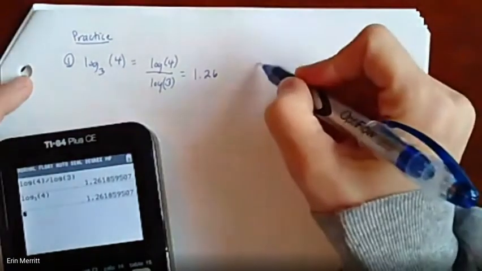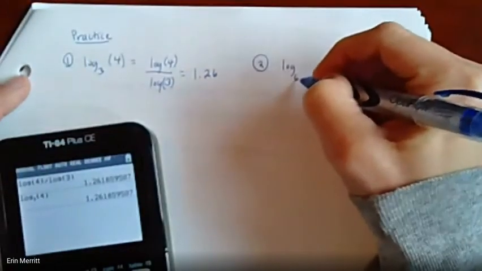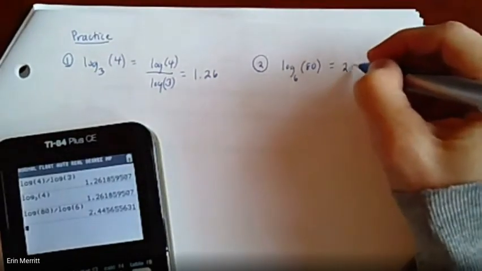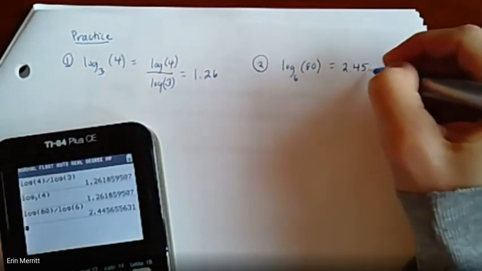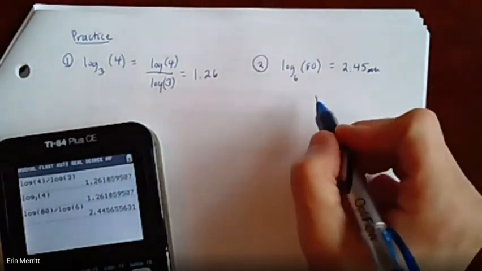And then same type of thing. If you do log base 6 of 80, same idea. Type it in however you prefer. You should have about 2.44 or 2.45, which hopefully should make sense, right?